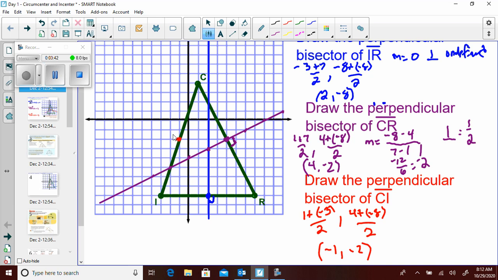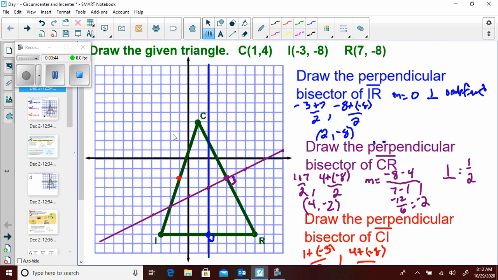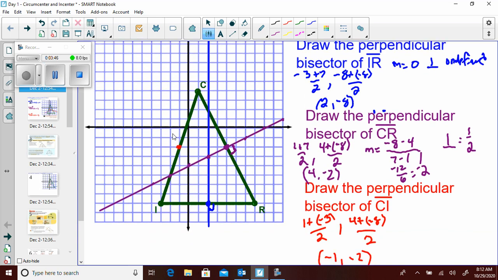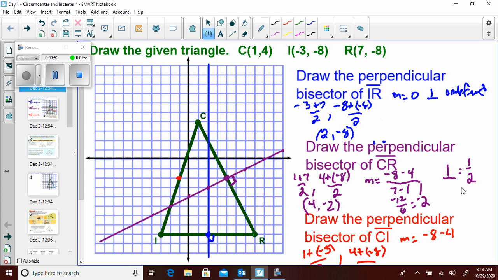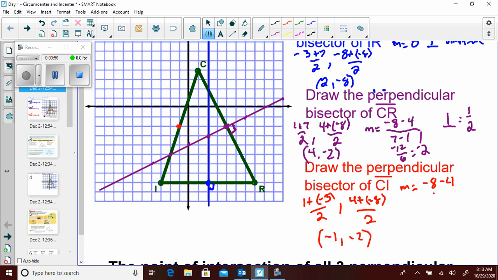I now need the slope of CI. So it's a change in y, -8 minus 4, and -3 minus 1. -12 over -4 is 3, which is perpendicular to -1/3.